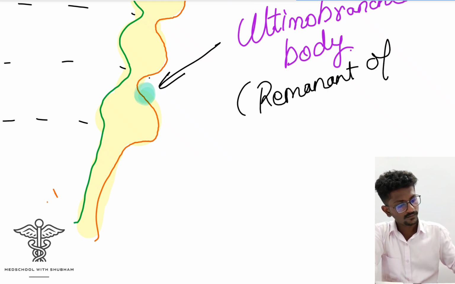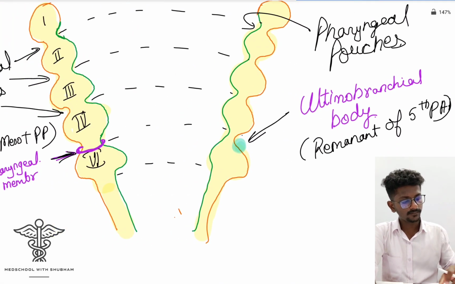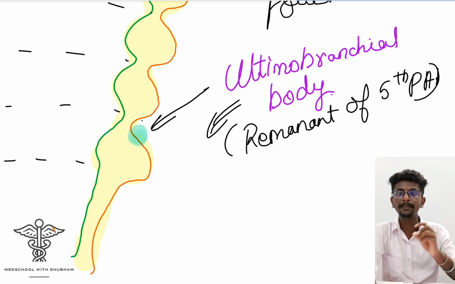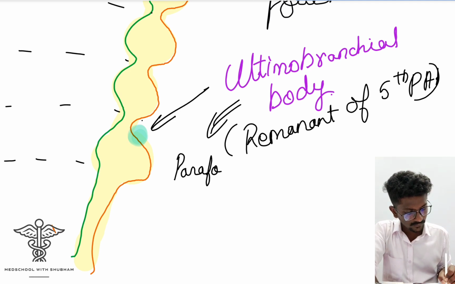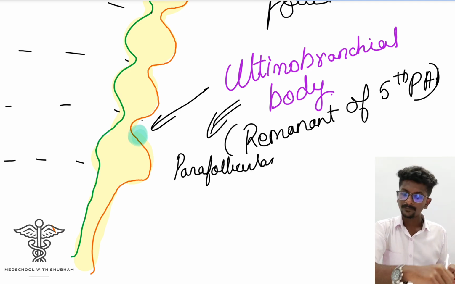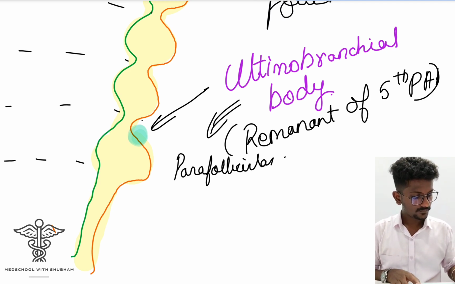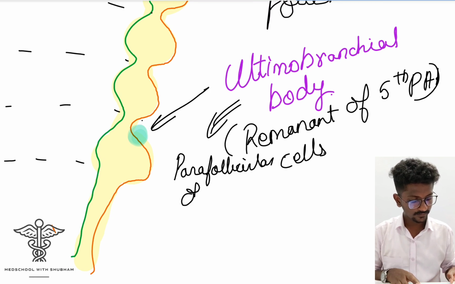Okay. And this ultimobranchial body will be forming the parafollicular cells of the thyroid gland.